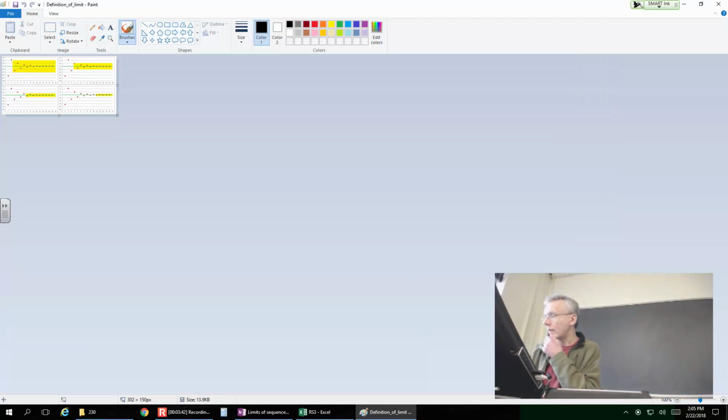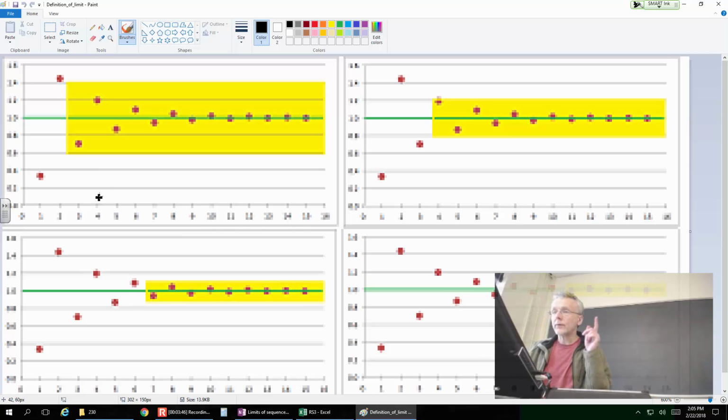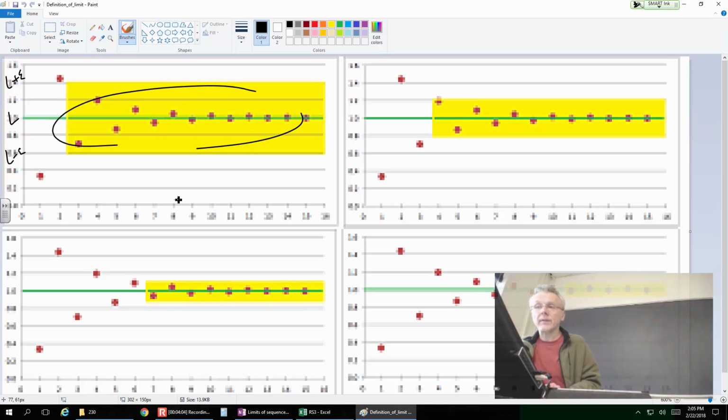If we look at these 4 consecutive pictures, one at a time, the first picture shows my L here. Then this is L plus epsilon, and this is L minus epsilon. All I have to do is ensure that my sequence fits within that band. And indeed, if I choose this n over here, it does. These earlier ones do not, so that's why I have to move n to the right.